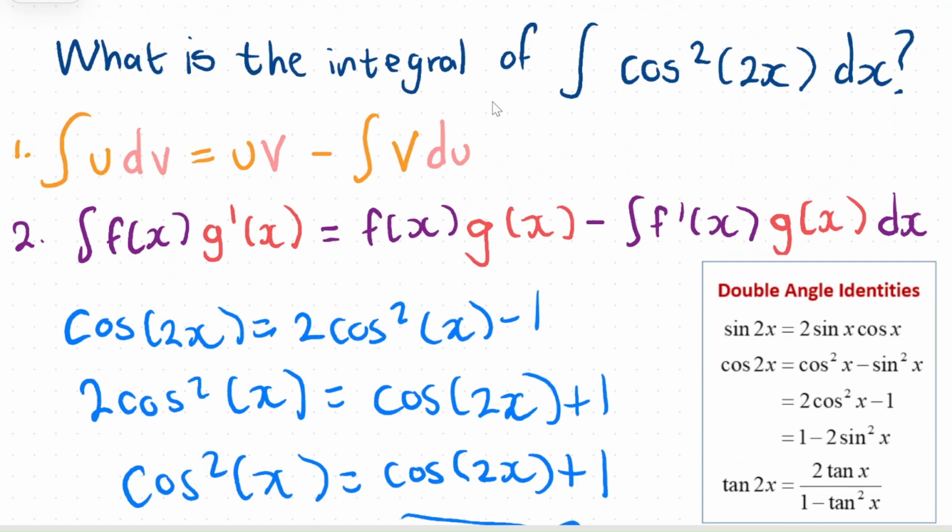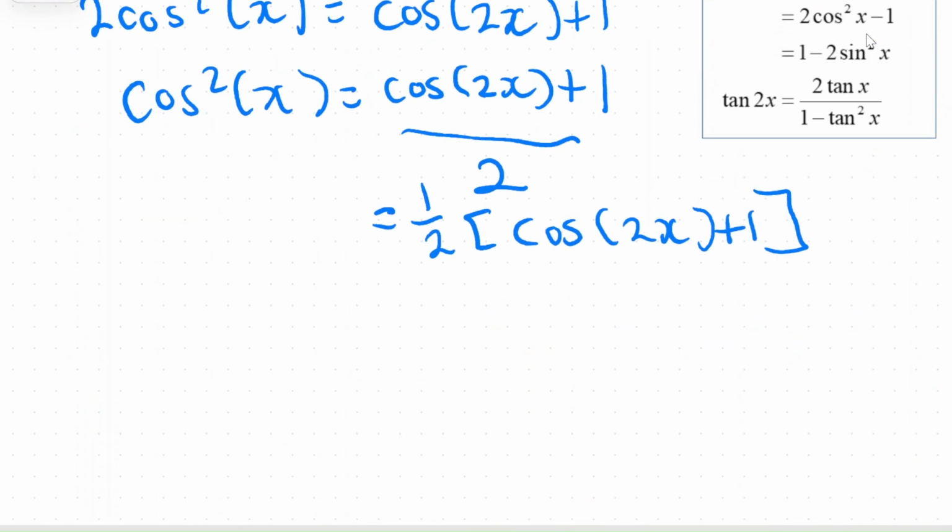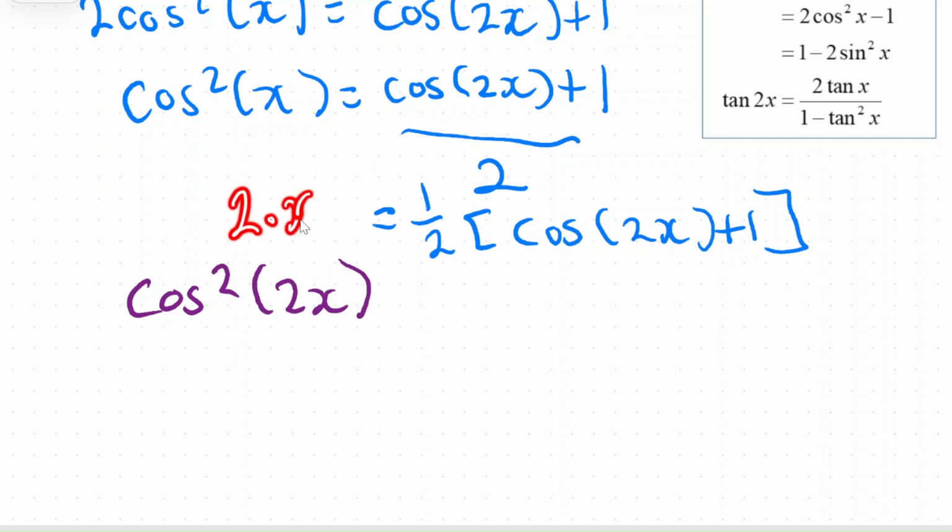However, in this question we see cos squared of 2x. And if we've chosen cos squared of x to be half of cos 2x plus 1, then for cos squared of 2x, which is just going to be 2 multiplied by x, we would then multiply this by 2 so that we can match.